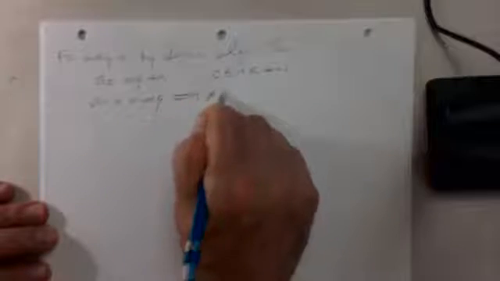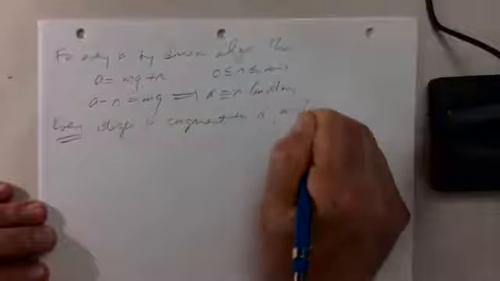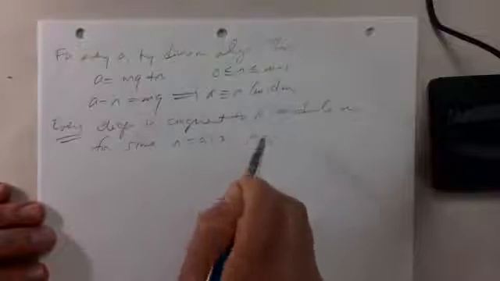So a minus r is mq, which means a is congruent to r mod m. So every integer is congruent to r modulo m for some r between 0 and m minus 1.